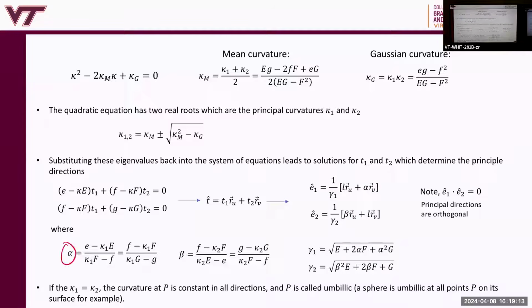Here's alpha, beta, gamma 1, and gamma 2. This should not be L; I think it should be 1 probably. Those are 1s, and they shouldn't even be there really, if it's just 1. One observation is the principal directions are orthogonal, which is good.